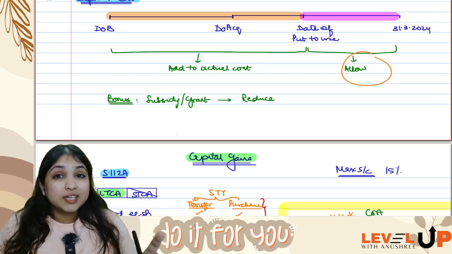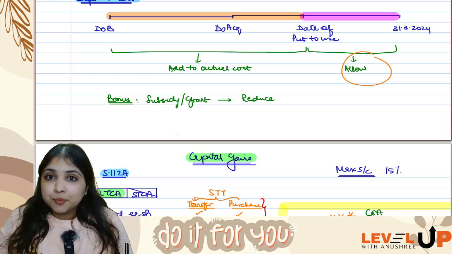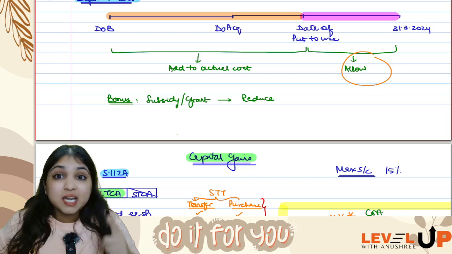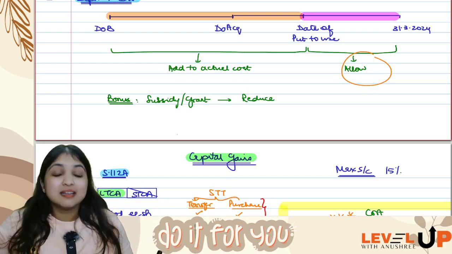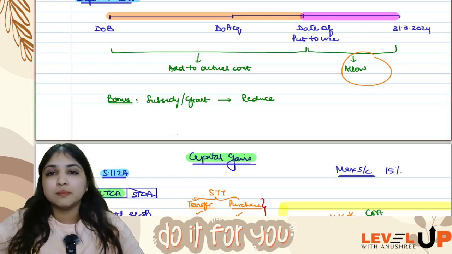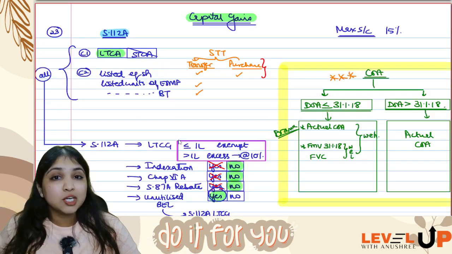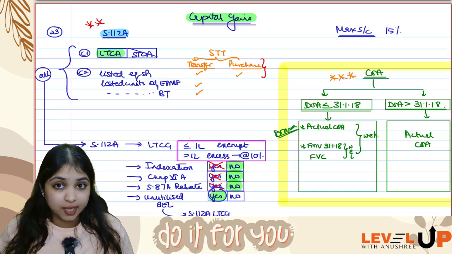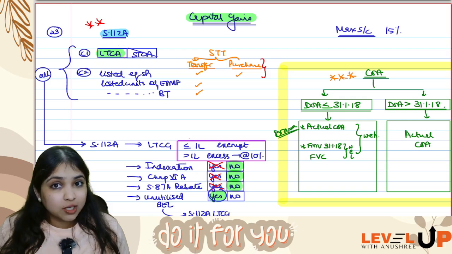Alright, see, whatever expense you incur before you put the asset to use will be added to the actual cost. However, if you get subsidy or grant to purchase the asset, the subsidy or grant will be reduced from the actual cost. Alright. Then coming to your capital gains discussion, in capital gains, the category A, the most important section here would be section 112A. 112A will apply only to long-term capital assets.